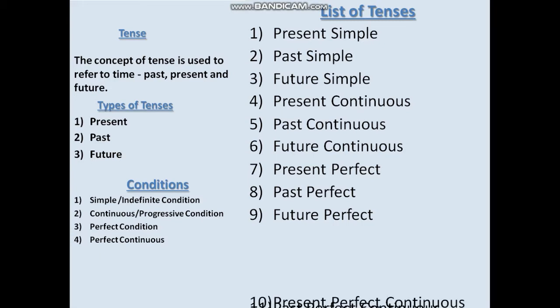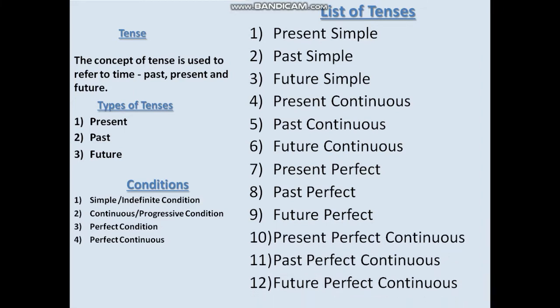And perfect continuous condition talks about ongoing action which has been going on from past time: present perfect continuous, past perfect continuous and future perfect continuous tense.